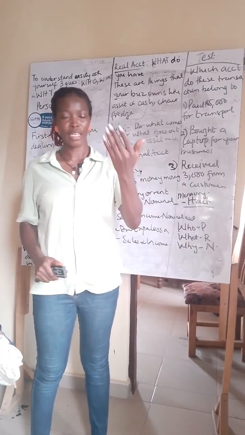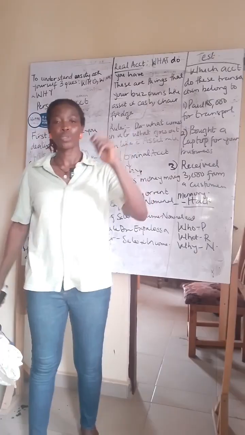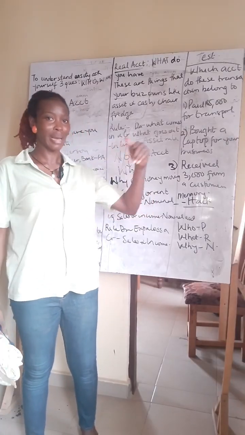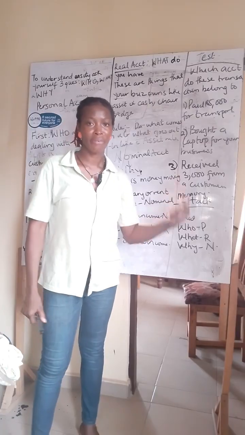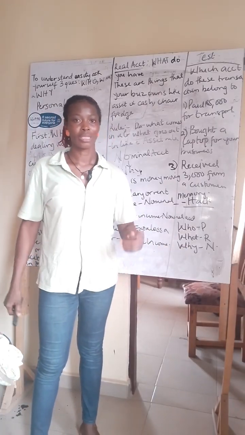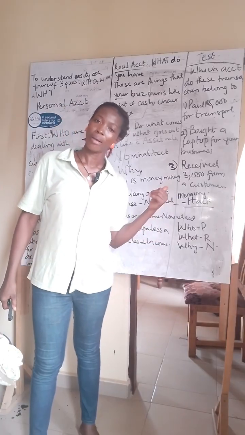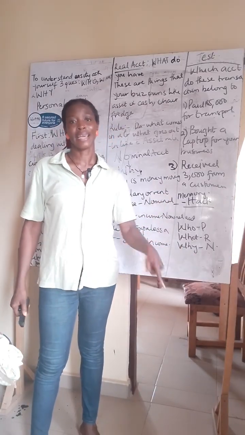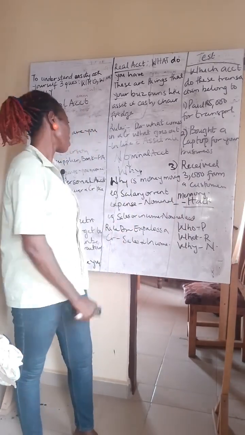Whenever you have shares or fruit coming to the business, those transactions will be recorded as debit transactions. But when you have assets like a fridge or chairs leaving the business, those transactions are credits. You're going to credit the assets account as the case may be. Are we together? Yes. All right.